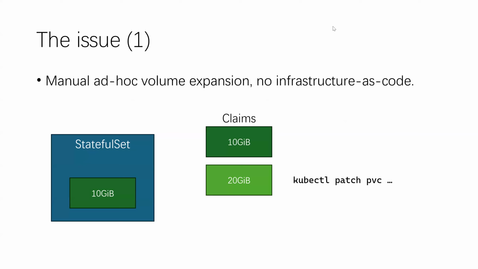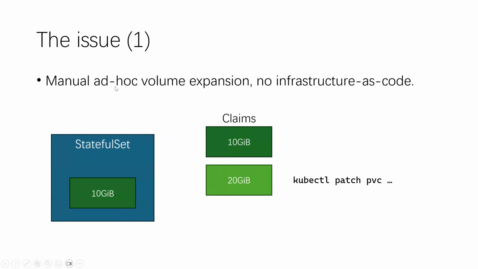But we can update the PVC actually. So if we want to expand the volume currently, we have to execute the kubectl patch command manually on every PVC.